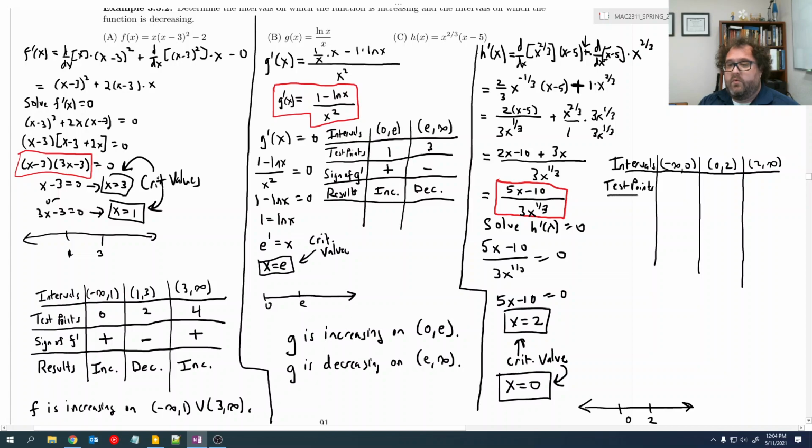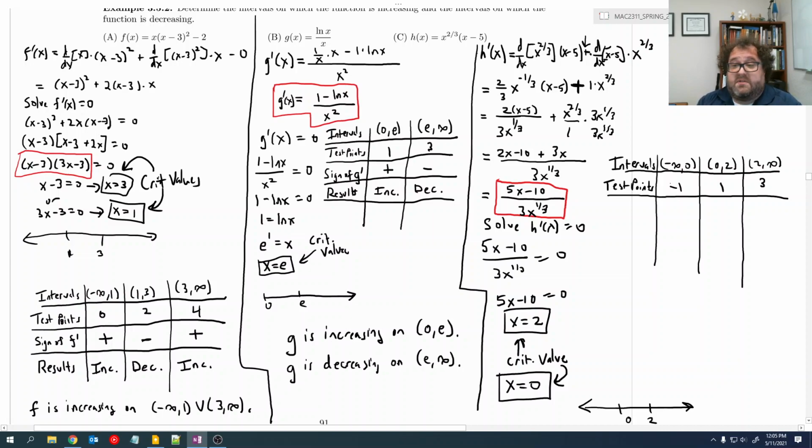Now we pick test points on our next step. Now remember, we want to pick ones that are convenient, but we can really pick any number, whether it's a decimal or a fraction or whatever. But here we can pick convenient ones. I mean, -1 is probably the convenient one for the first interval, +1 for the second interval, and maybe 3. And you could pick 3 million if you wanted to, but it's not going to be as easy to work in your head. Just like with the first interval, you could have picked -pi.